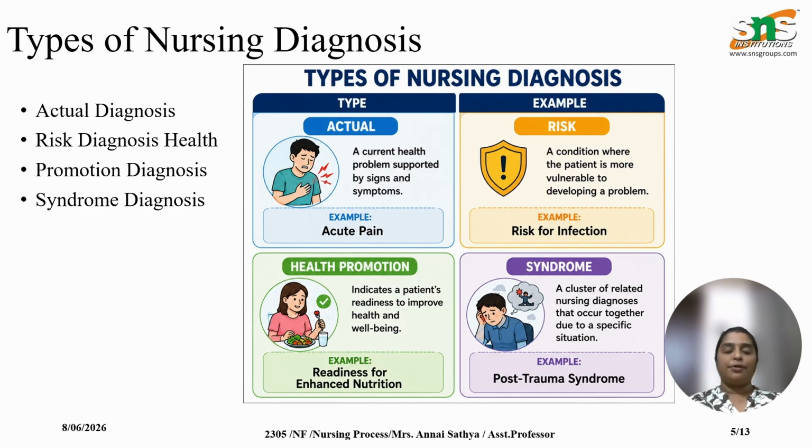Health promotion diagnosis focuses on improving well-being, and syndrome diagnosis refers to a group of related diagnoses that occur together. Each type helps nurses to provide individualized care to the patient.